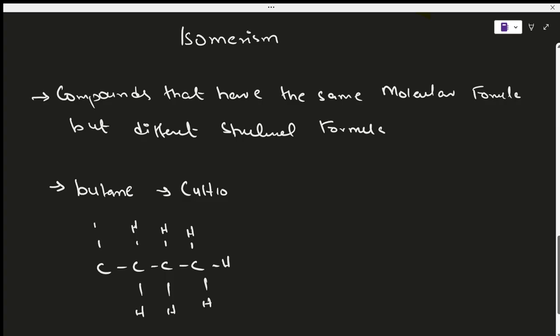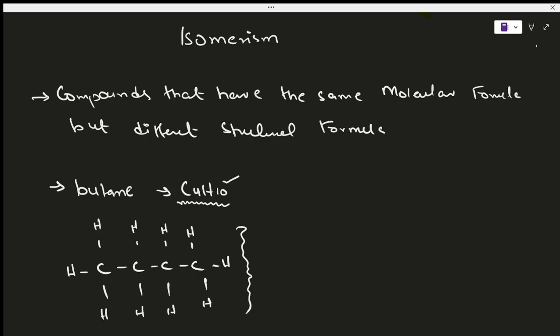And if I were to draw an isomer of this, so again, what does the definition say? It says the same molecular formula. And what is the molecular formula? This here is the molecular formula, and this here is the structural formula. So the molecular formula remains the same, but the structure differs. So if I were to draw an isomer for this, it's going to look something like this.